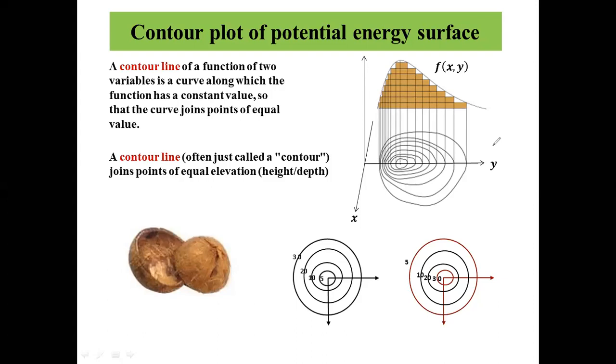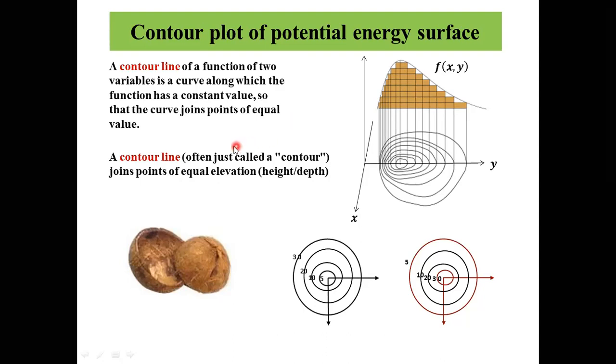So therefore, we take help of the contour plot of the potential energy surface. If you look at the contour plot, perhaps we should be able to visualize the shape of the potential energy surface and predict the dynamics, right? So that is basically the idea.